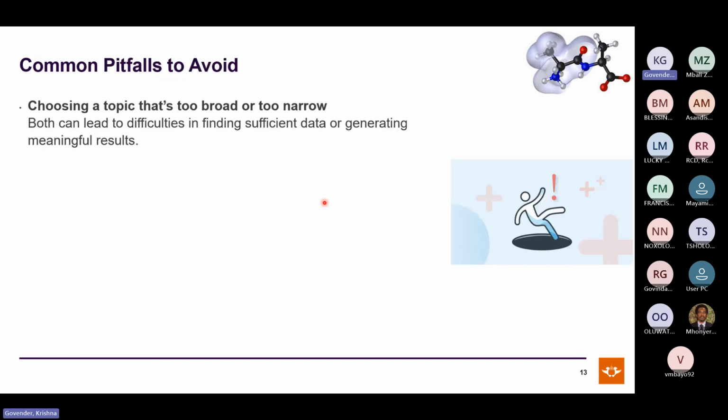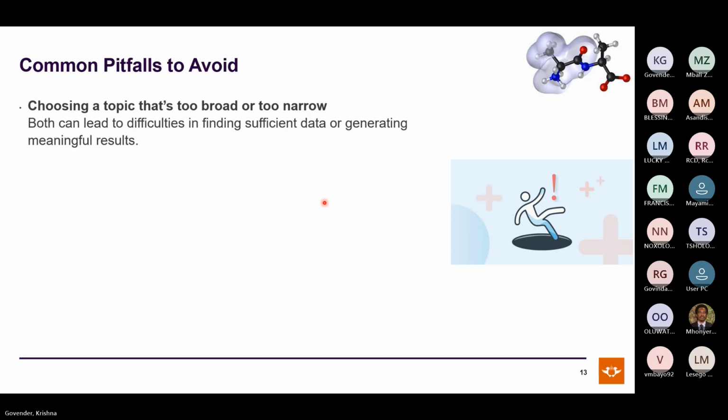And then finally, we've got common pitfalls to avoid. Don't choose a topic that's too broad or too narrow. When you work with too broad a topic, it's going to be very difficult to get to the final result, which is solving the research question. If it's too narrow, you answer the question and then you stop. What's next?